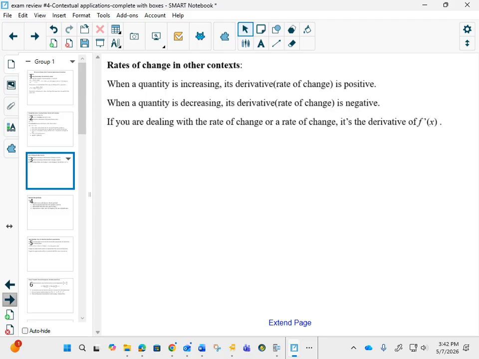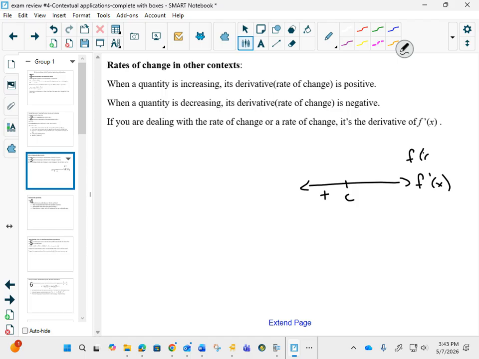So if you found some point C where it's at rest because your derivative's equal to 0, and you found out f prime of x was positive here, that tells you that f of x is increasing. And anytime you find out f prime of x is negative, that tells you that f of x is decreasing. And this is true moving up one level no matter where you are.